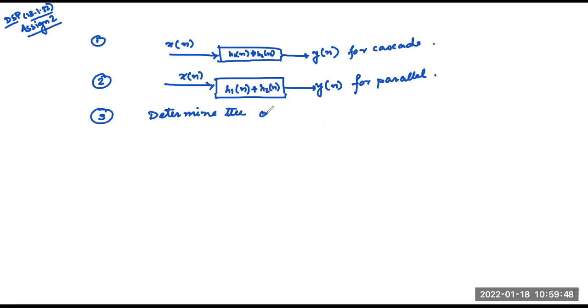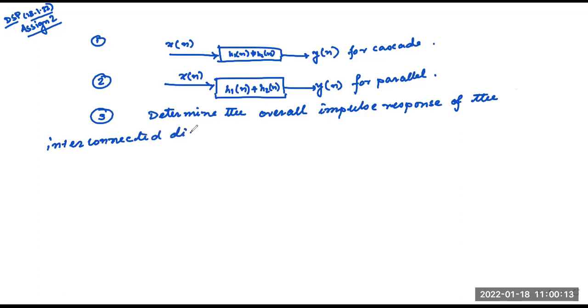So determine the overall impulse response of the interconnected discrete time system as shown below. So x(n) is this.